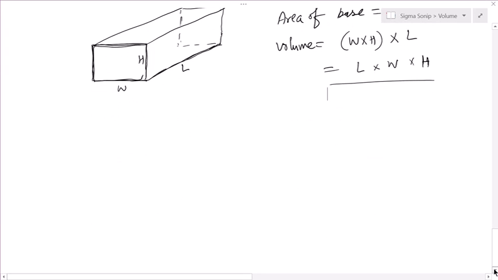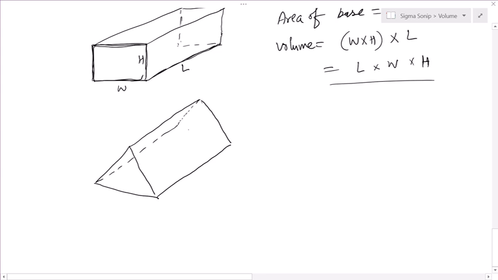All right, so if I have got a triangular prism, the concept is still the same. That's my triangular prism here. Again, this is my triangle, and this triangle has got a height.